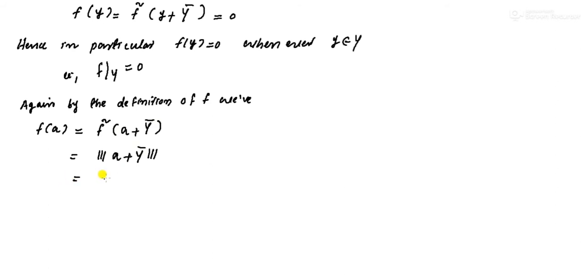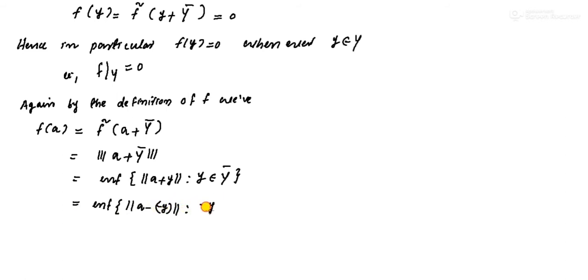This is infimum of norm a plus y such that y element of Y closure, that is equal to infimum of norm of a minus y such that minus y element of Y closure. This is nothing but distance between a and Y closure.